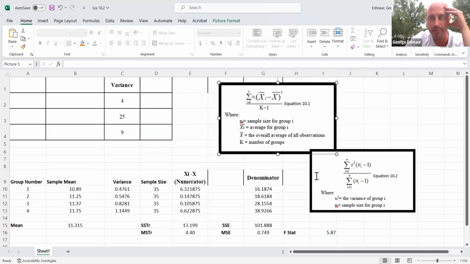So just let me pop out real quick. Yeah, you don't even have to do that on that one. Okay, but you do have to look at the F stat.